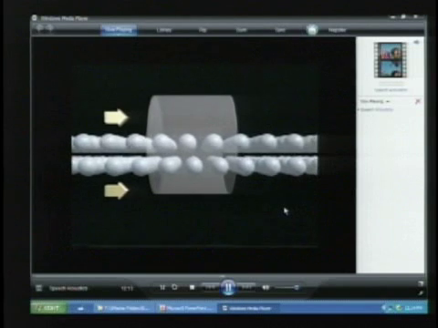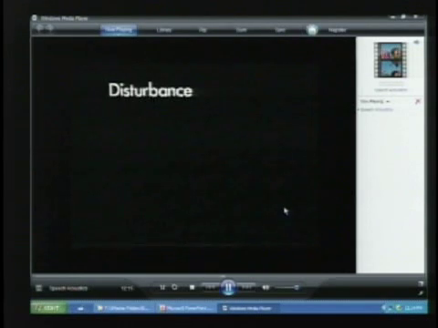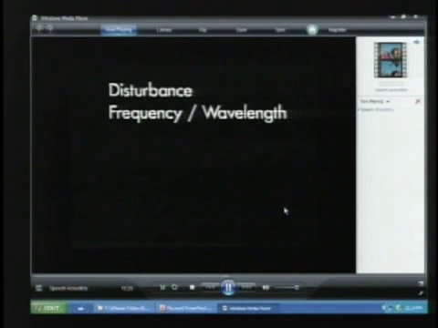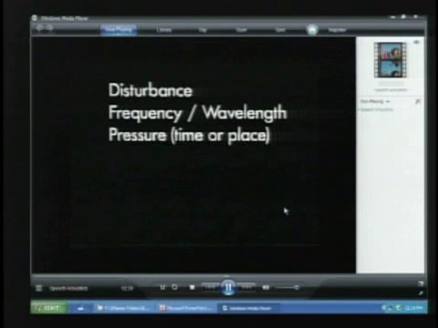Let's review these details. A disturbance compresses and stretches the elastic air, which begins a wave. The frequency of the disturbance is inversely proportional to the wavelength. The motion creates changes in pressure, which varies in time and place.